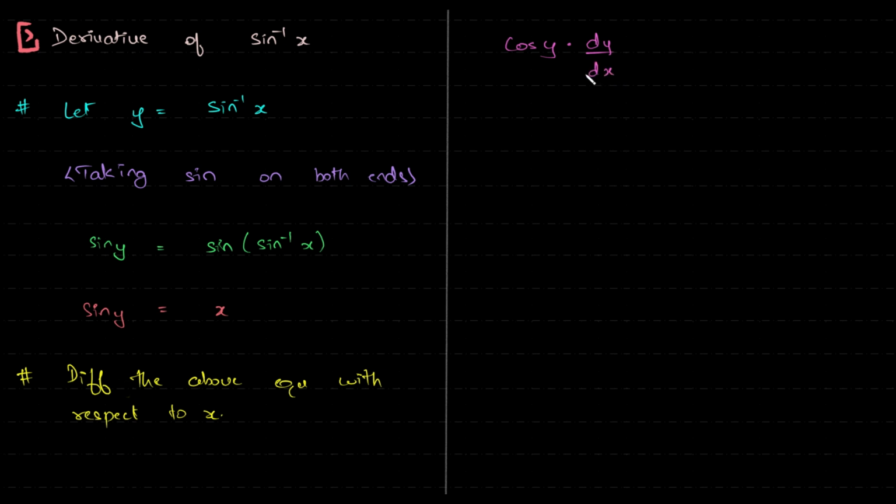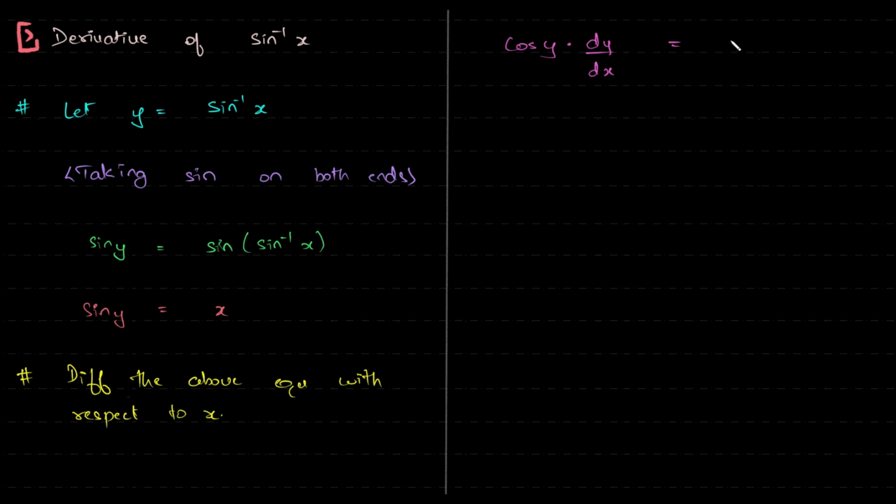Think of it. There are two things over here. One is sine as a function, and y itself is there. y is dependent on x, so y itself has an expression in it. So we need to take a derivative of y also. If you're thorough with chain rule, this will make sense.